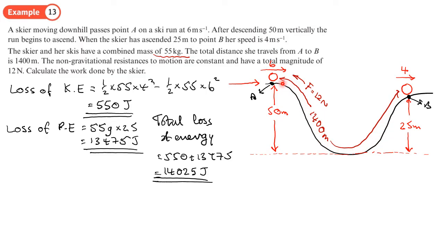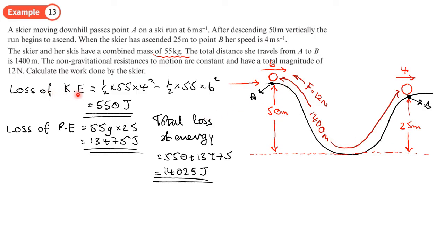And it's the same with the skier. If there were no friction here, this kinetic energy they don't have to work for because they've slowed down. That's given to them. The potential energy they don't need to work for because that's given to them. So these energies here, the loss of kinetic energy and the loss of potential energy, you could call free energy.